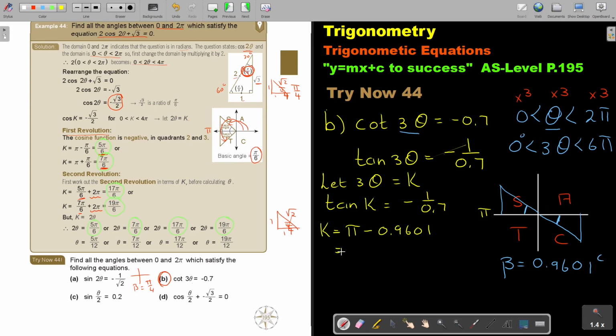So shift pi minus 0.9601, and keep it to 4 significant figures: 2.181 radians. Okay, underline it, because we're going to use it quite a lot of times.